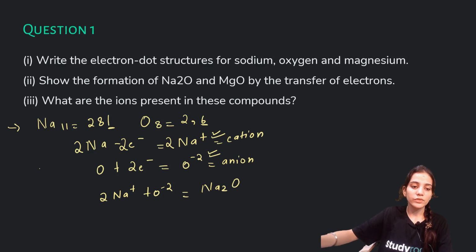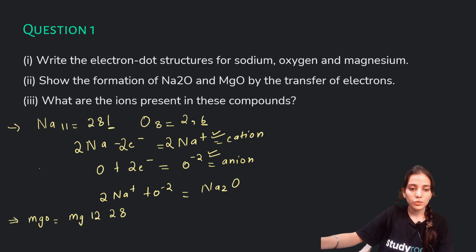Now we have MgO. Mg is 12, so 2, 8, 2, and oxygen is 2, 6.